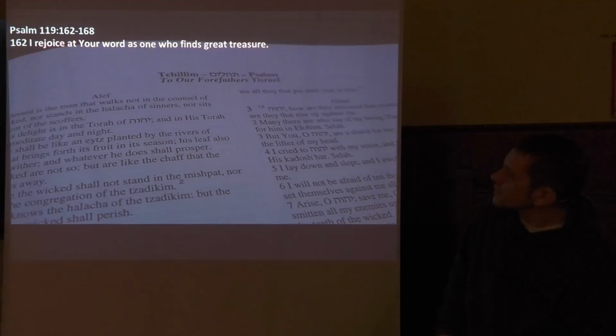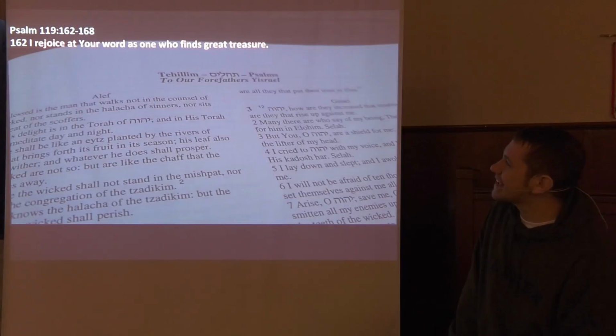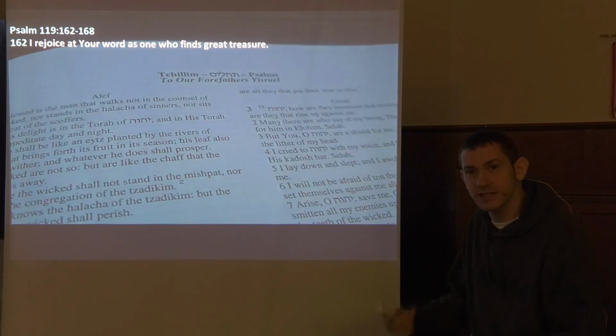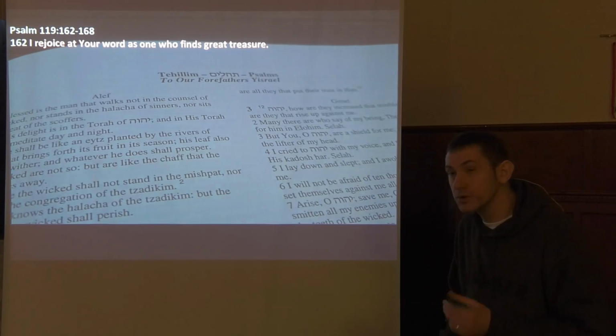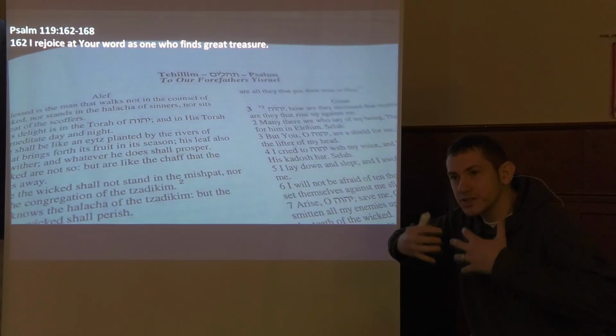Psalm 119, 162 to 168 gives us a good way that we can see this in context, and we can see how this word is used in context. It says, I rejoice at your word as one who finds a great treasure. So we could actually translate it as to treasure something, treasure or cherish it.